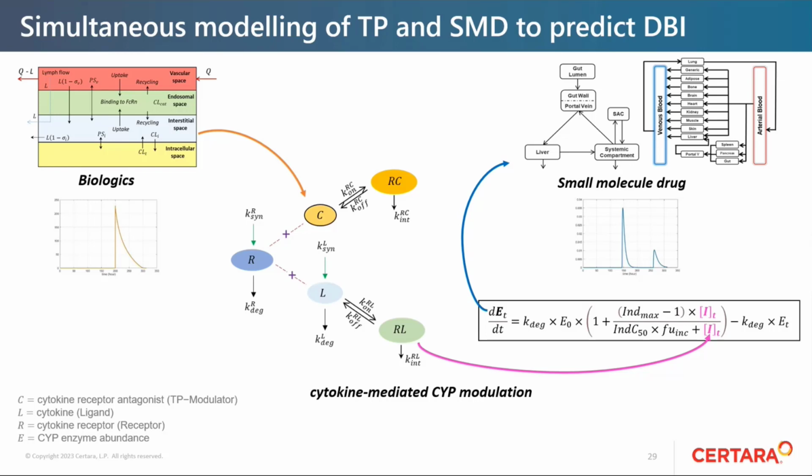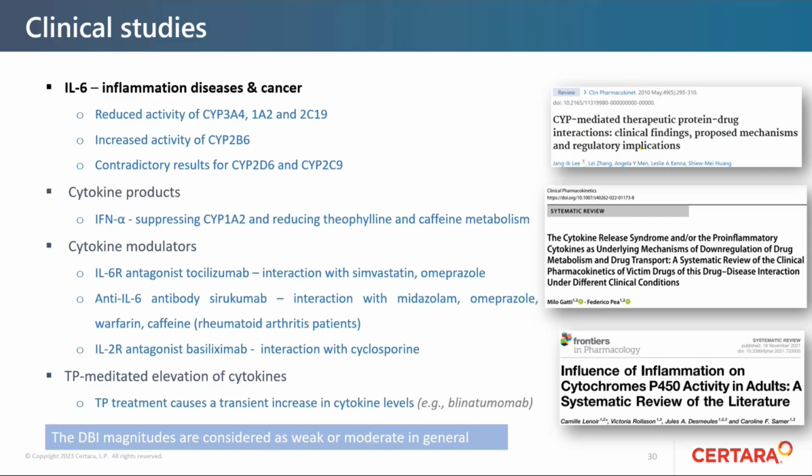The cytokine receptor antagonist blocks cytokine from binding to the receptor, reduces the level of the cytokine receptor complex, and subsequently relieves the suppression effects. Then the restored CYP enzyme leads to the increased metabolism of the small molecule drug, and as you can see, the lower exposure of the small molecule drug.